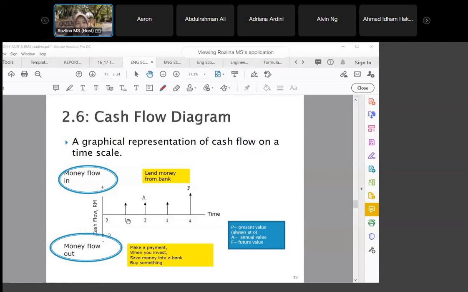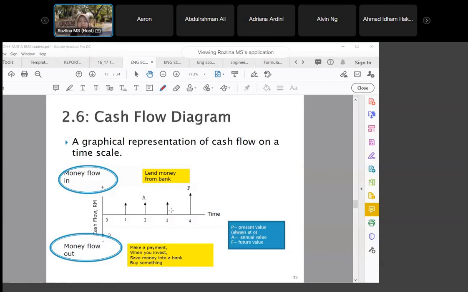And then we will have some very important symbols such as P. P is the present value, and it is always at 0. This is for the basics.